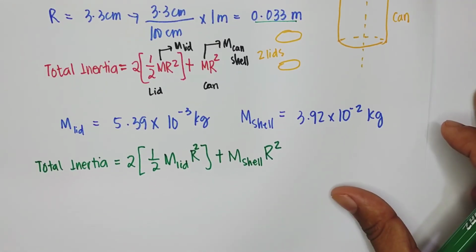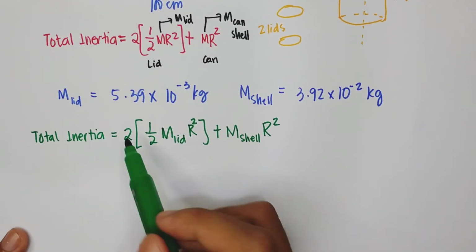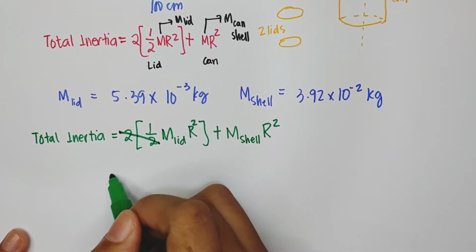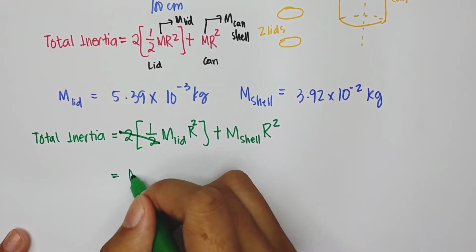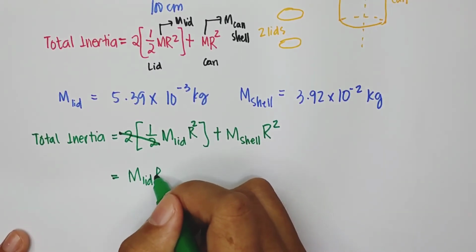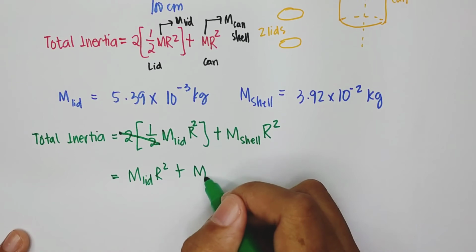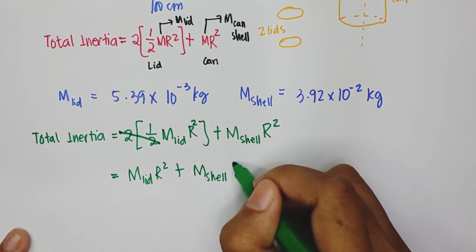Since we have a 2 here, we cancel it out, so we have m lead r squared plus m shell r squared.